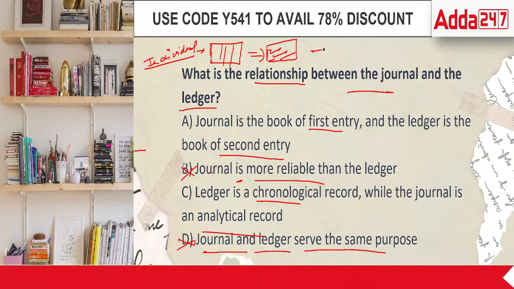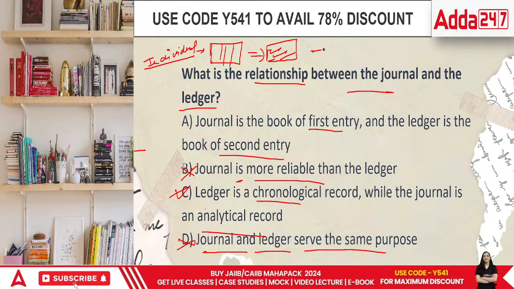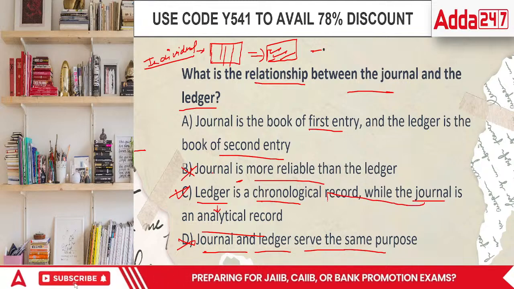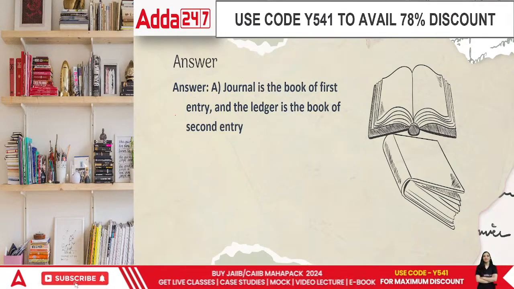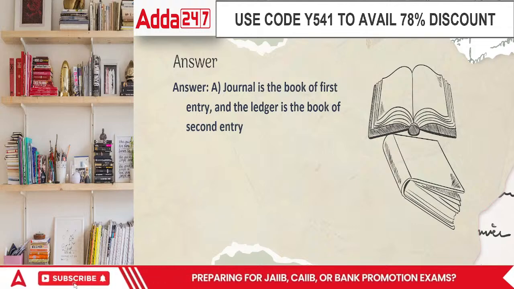No, they don't. So ledger is not in chronological order. Journal is, while ledger is analytical. The point is ledger is analytical and journal is chronological. So in this case, the correct answer is the book of prime entry is journal, and the secondary entry is ledger. Acha.